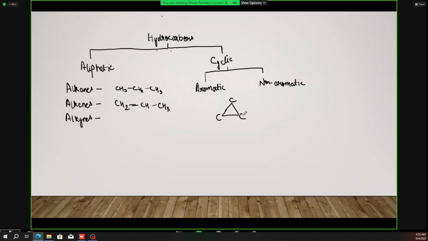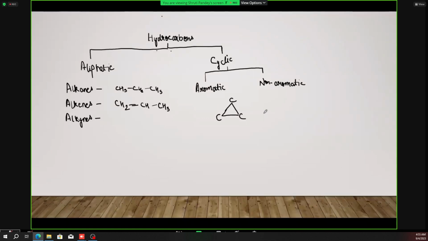When we talk about aromaticity, we'll discuss this in detail. But yes, in cyclic hydrocarbons the loop is completely closed. That simply means that not all cyclic hydrocarbons are aromatic. Some will be aromatic and some will be non-aromatic.